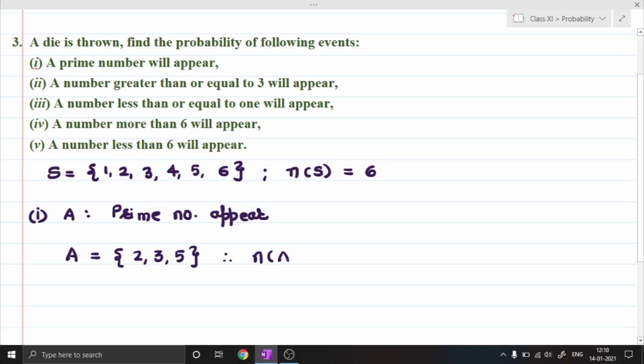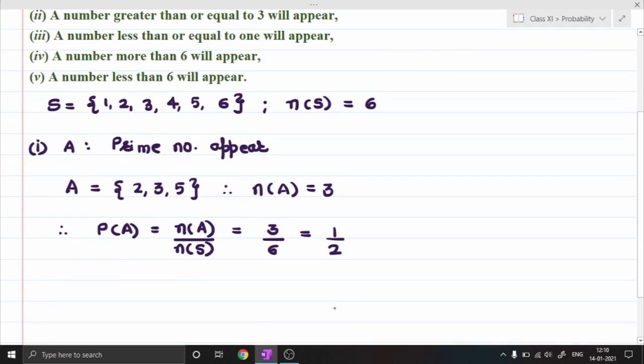Therefore N of A will be equal to 3, and so P of A will be equal to N of A upon N of S. That is the formula. So it will be equal to 3 upon 6, which means 1 upon 2.